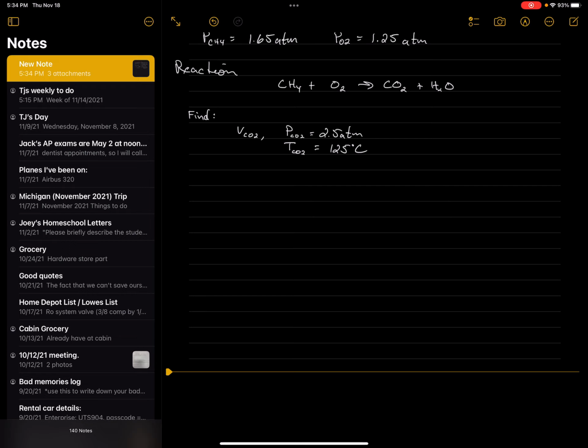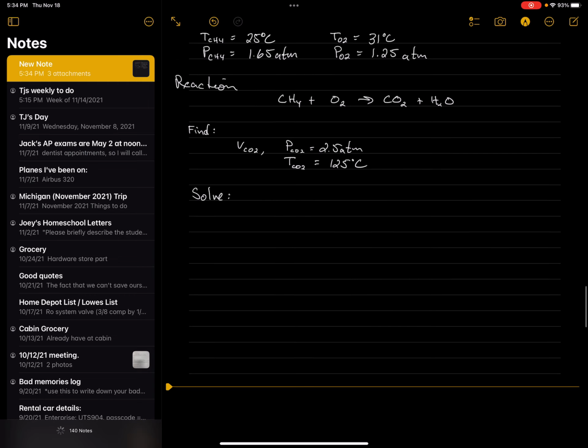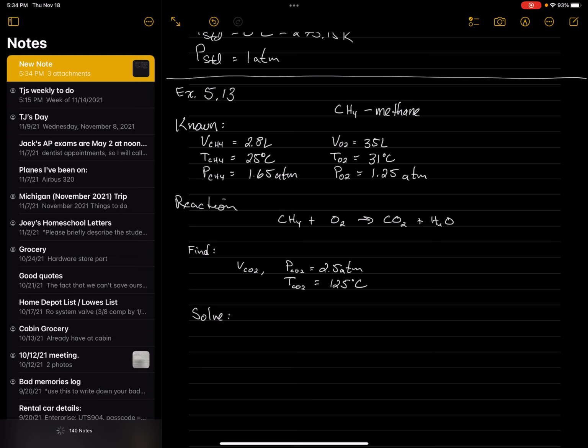So now let's try to actually solve it, right? When you look at a problem like this, before you start to write things down, and certainly before you start calculating things, you want to think through how to solve the problem, okay? So you look at what you're given. You're given volume, temperature, and pressure of one gas. You're given volume, temperature, and pressure of another gas.